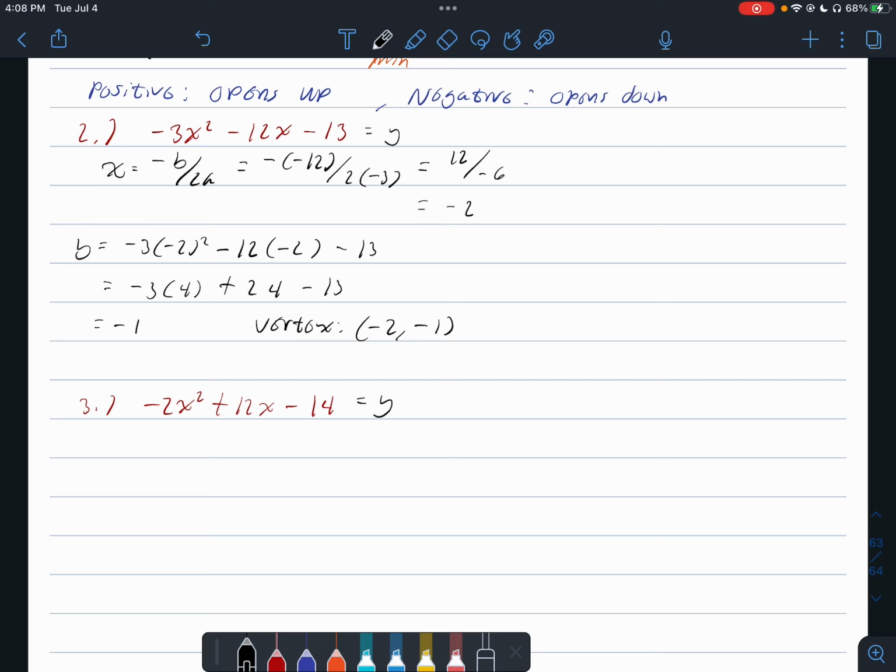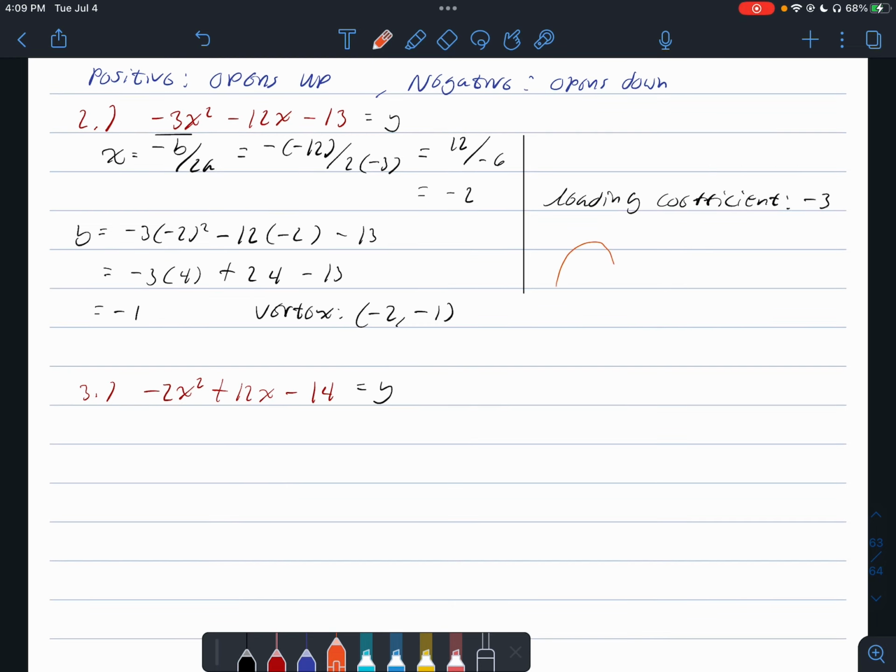And we look at our leading coefficient to determine if it's a maximum or minimum. Our leading coefficient is negative 3. Since it's negative, the graph is going to open down. It's going to look like this. That means our vertex is going to be right here, and we can see that this is going to be a maximum. Therefore, our vertex is a maximum.